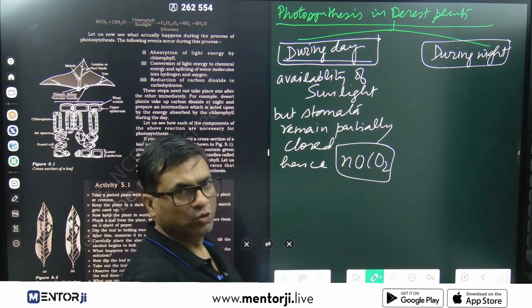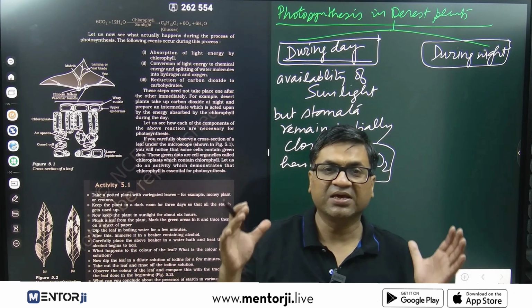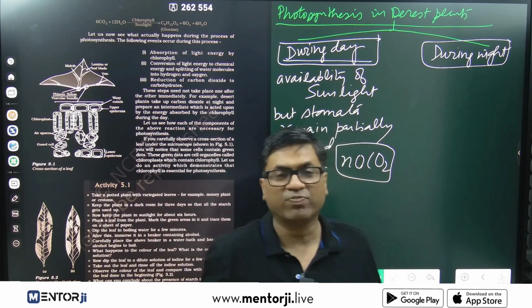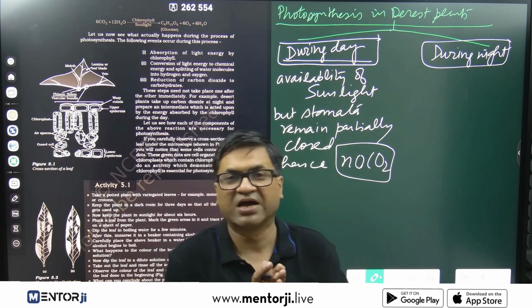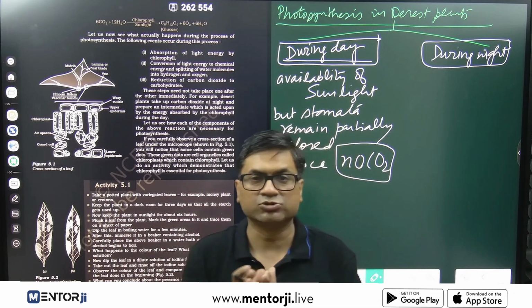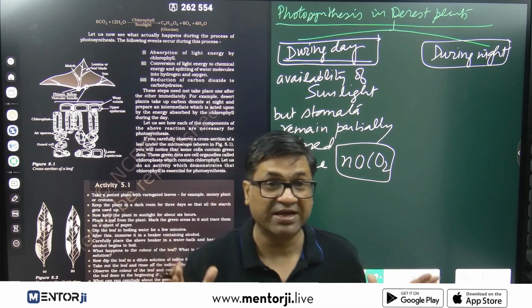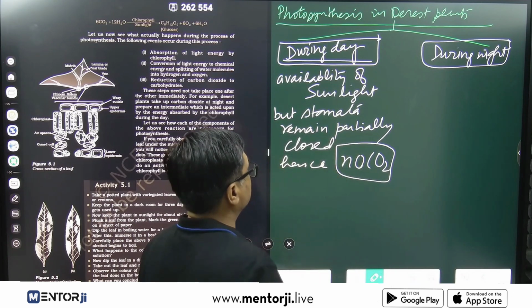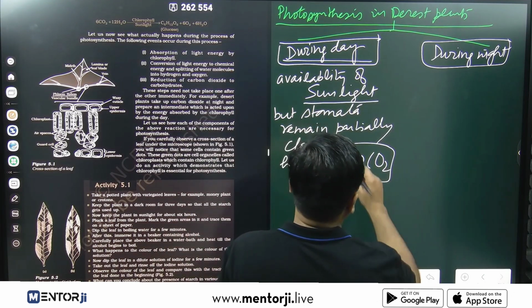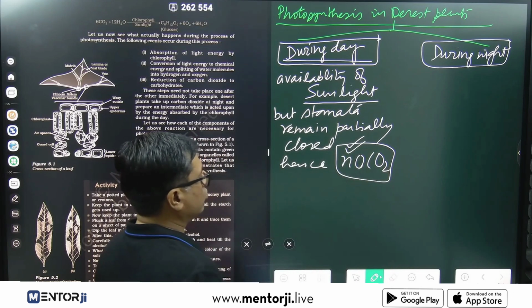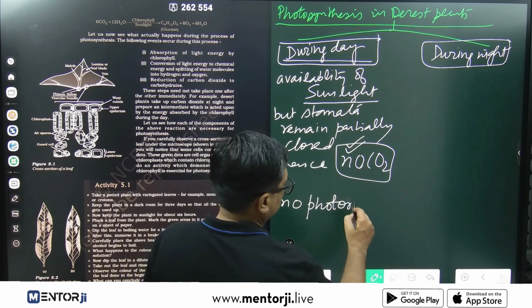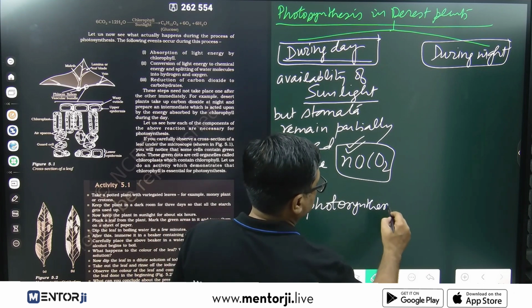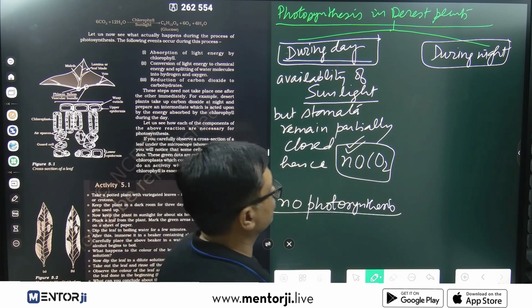There is no CO2 क्योंकि पानी की कमी से बचने के लिए, to prevent loss of water, they remain their stomata closed. That's why there is no CO2, but there is availability of sunlight. So sunlight is there, but there is no CO2. Again, no photosynthesis. तो फोटोसिंथेसिस इस कंडीशन में प्रोसीड नहीं हो सकता.